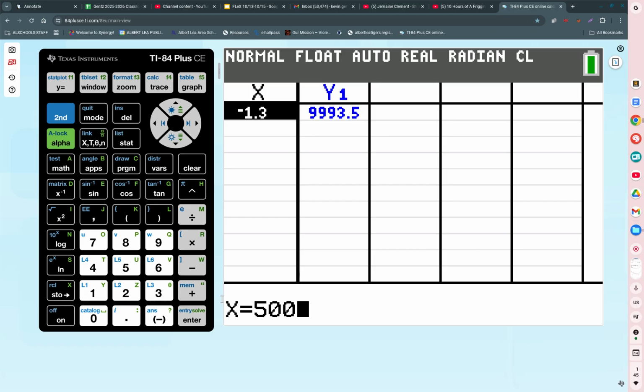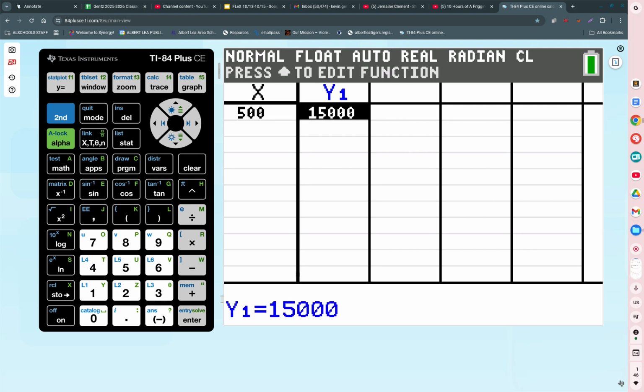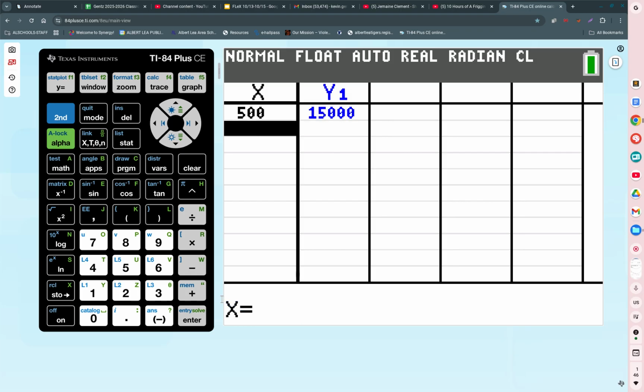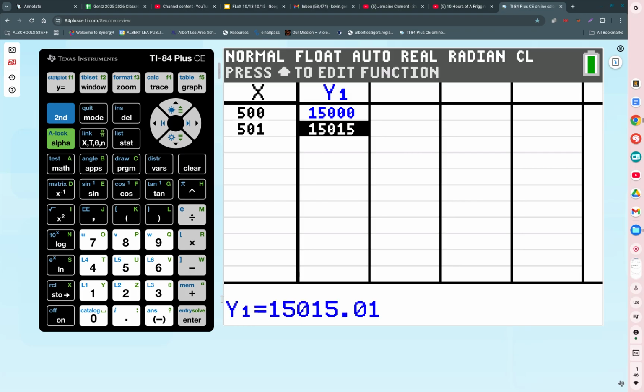I'm going to type in 500. That'll be the cost of producing 500 items, which it says is exactly $15,000. And then we're going to plug in 501. The cost of producing 501 items is, if you highlight it, you can see $15,015.01.